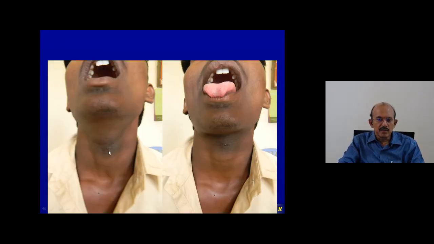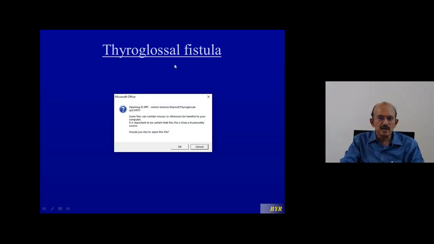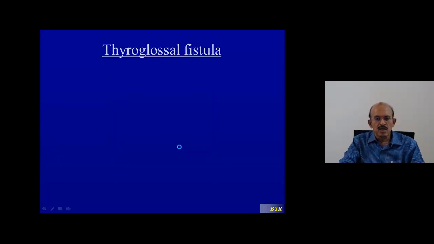You can see it. Sometimes the sinus will be of very small size. So if the patient is asked to protrude the tongue, you can see the sinus moving upwards. I'll show a small video clip where the thyroglossal fistula is moving upwards on protrusion of the tongue.